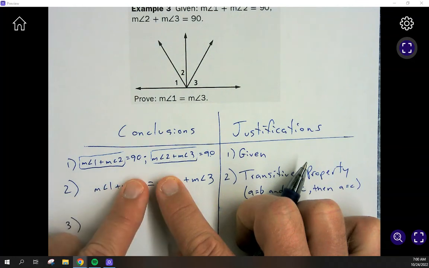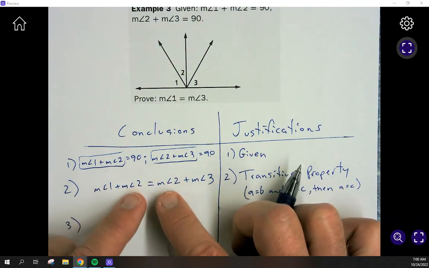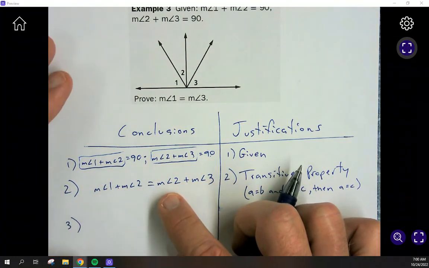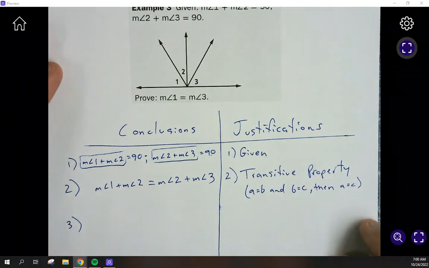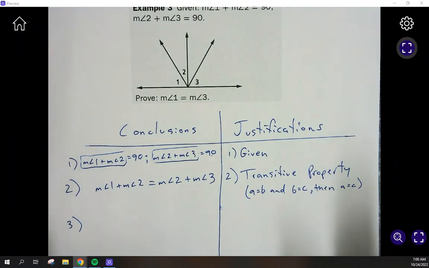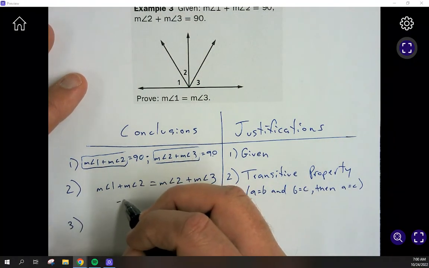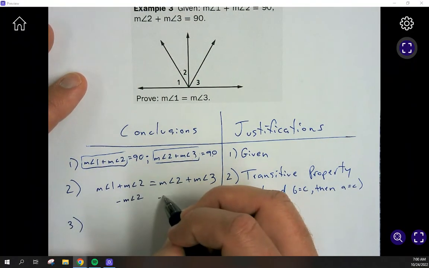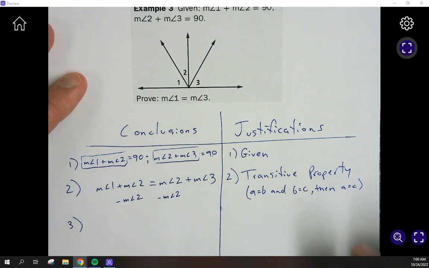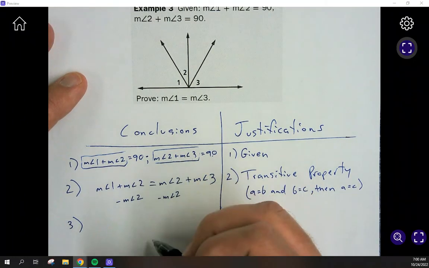The measure of angle 1 equals the measure of angle 3. And we know that we're allowed to add or subtract things to both sides of the equation, and it maintains its equality, which means it's still true. So I can minus the measure of angle 2, think about it just as a variable, from both sides, and it's going to go away.